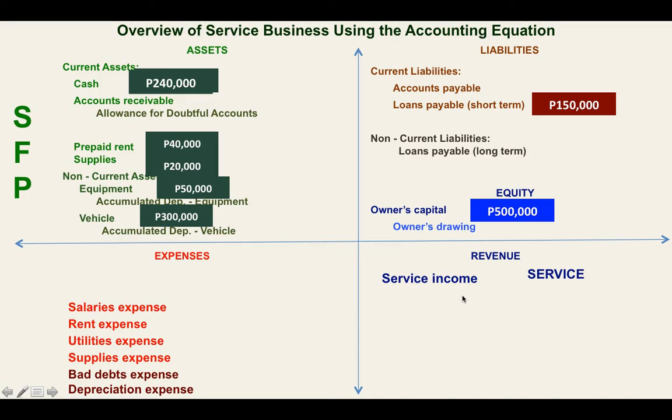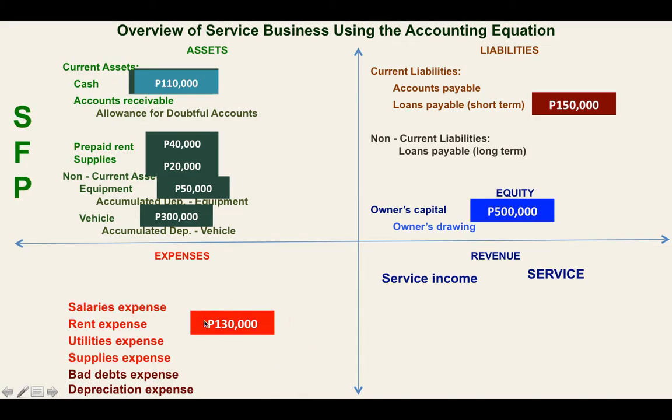Okay, and if we have expended 130,000, take note that we will be using our cash for our expenses. So here, our cash will be reduced by 130,000, so it will become 110,000. Okay, so this is how it will look like.